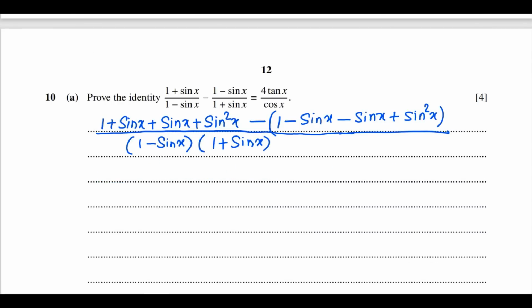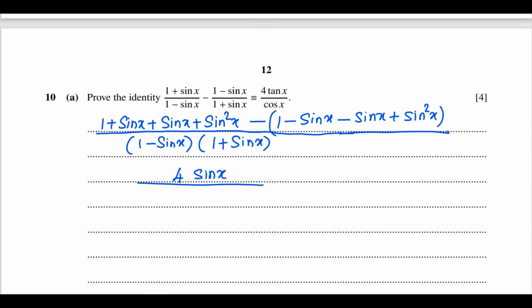So this gives 1 minus 1 gets cancelled. 2 sin x plus 2 sin x, so 4 sin x. Sin square x minus sin square x gets cancelled.